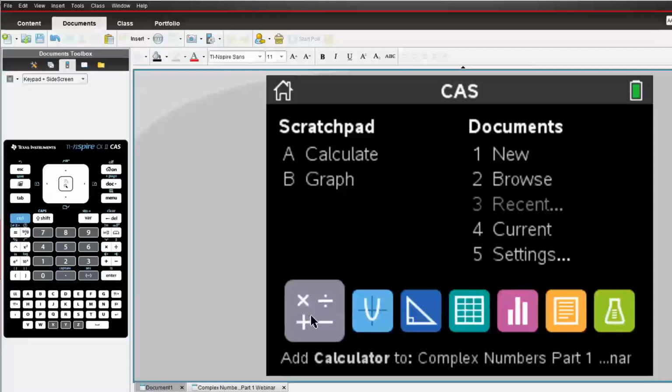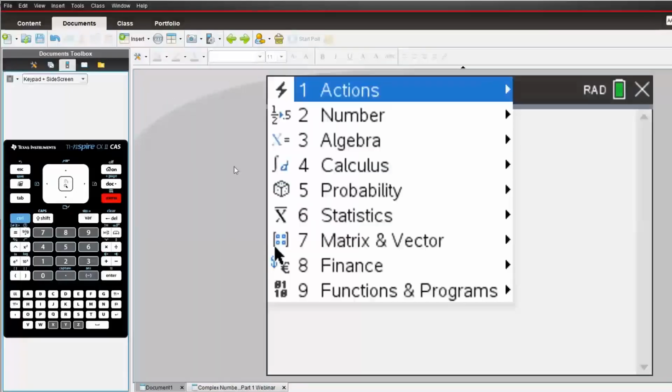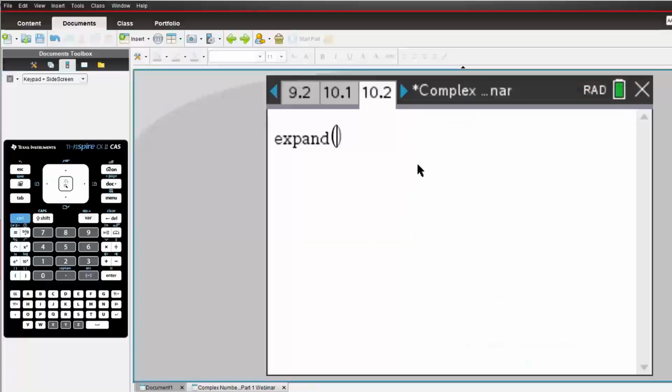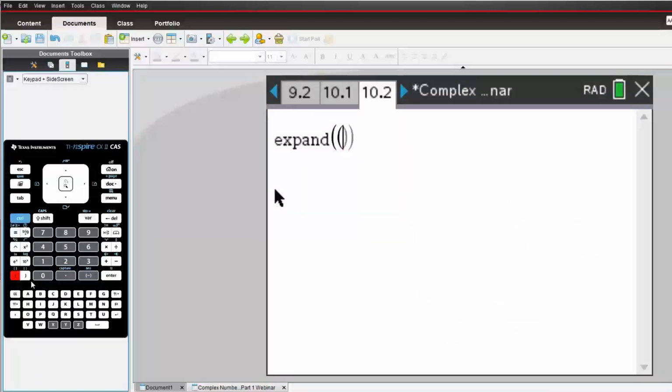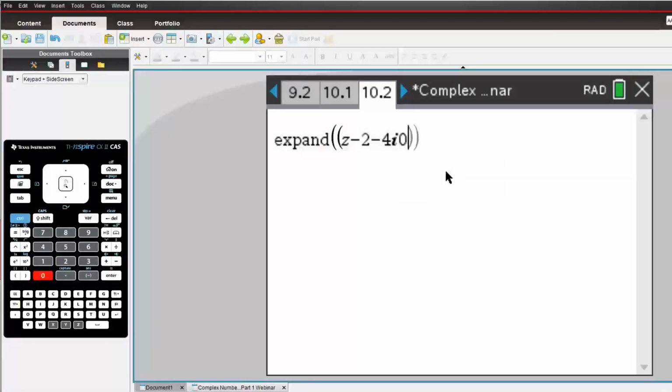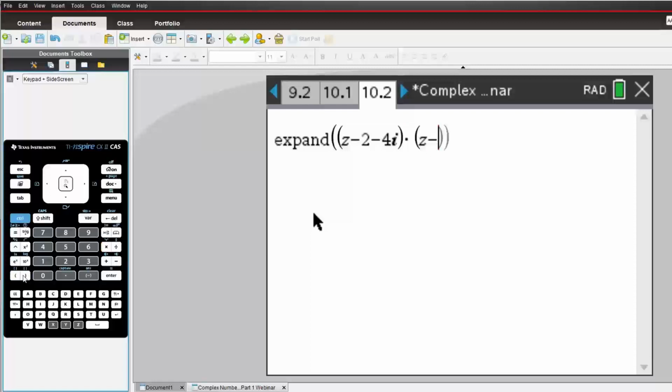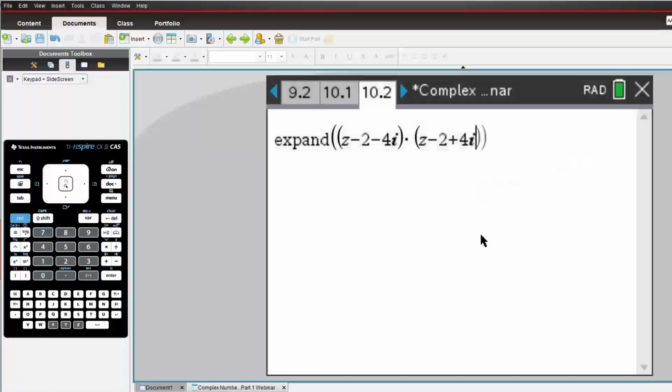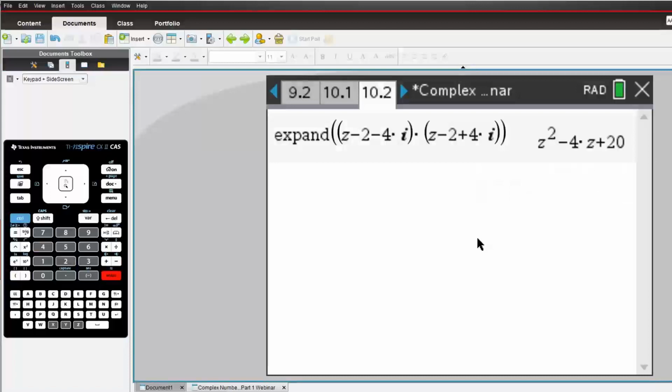So this time we'll use menu algebra expand, and I need another bracket here, and I go z minus 2 minus 4i is my first root, and I close the bracket, and I multiply that by z minus 2 plus 4i, and the calculator expands it for me.